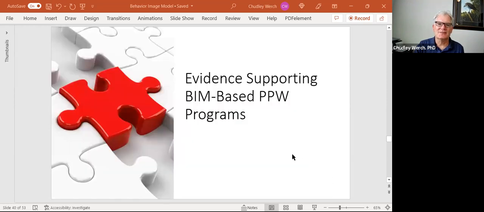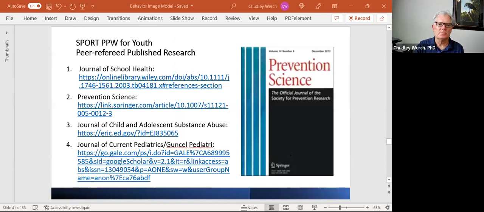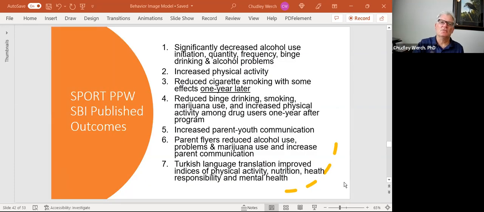How about the research? What's the evidence for PPW programs? So for sport, there were at least four publications finding different outcomes, and these are the different journals, and you can click on those links to read more, either the full article or at least an abstract. And these are the different types of outcomes across those studies: multiple substance use prevention and reduction, increases in physical activity and other healthy behaviors, effects even a year after a single session, parent communication increase, effects even of PPW flyers that are in the sport program.